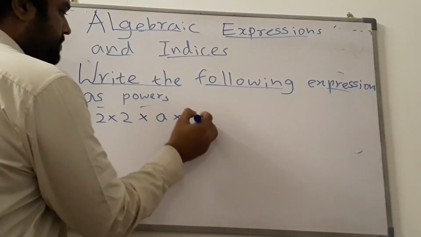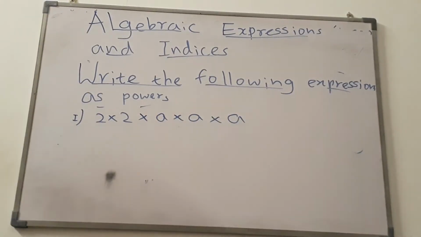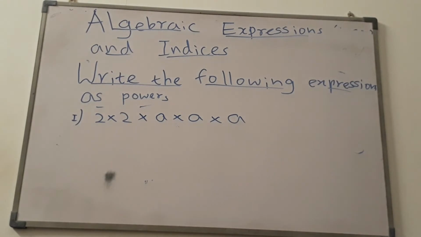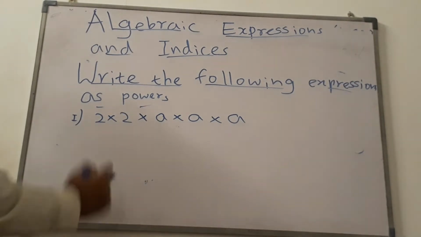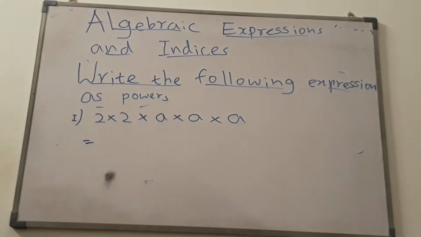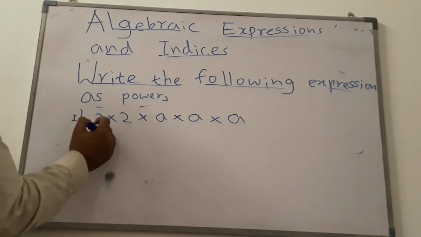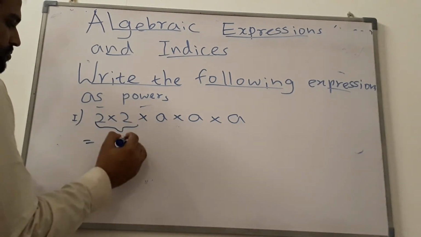2 times 2 times a times a times a. We have to write it as a product of powers. 2 times 2 can be written like 2 to the power 2.